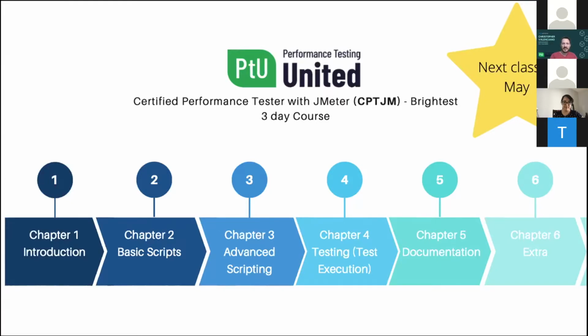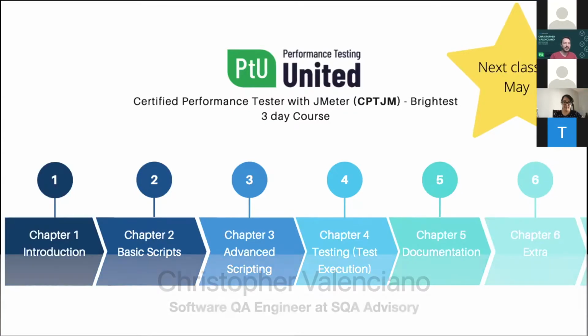And then chapter 6 extra is a lot more emphasis on the monitoring of your scripts and your performance tests and part of the execution. So all in all, it is 6 chapters broken up over 3 days or 24 hours. We have had different courses broken up a little bit differently than just the 3 days as well.